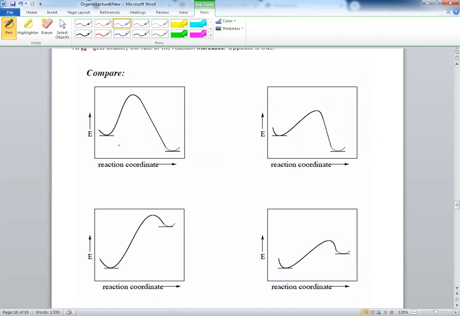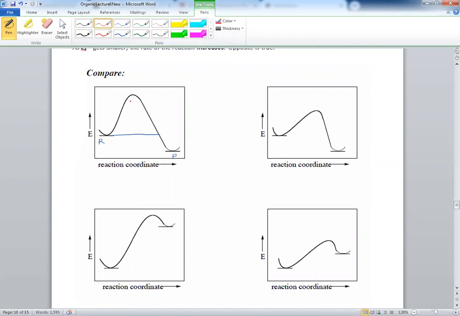So one good way of doing it is the following. You draw again, so here are your reactants. We're going to call this R right here, and here's our products. We're going to call these P. Draw a line right there.